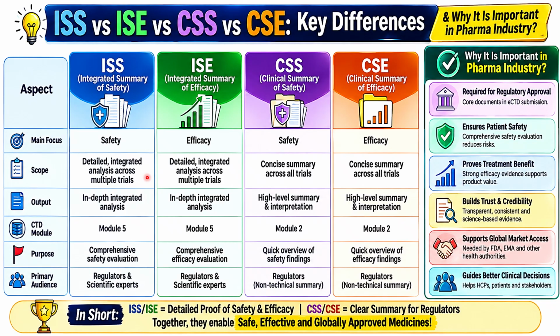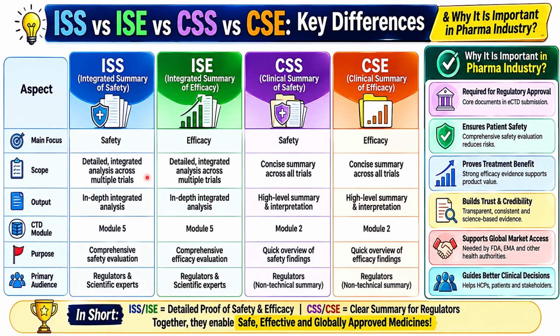So these are all the various questions when you work on ISS and ISE studies, and you will come across various common challenges. Hence it's a very detailed, time consuming and daunting job when you work on ISS.